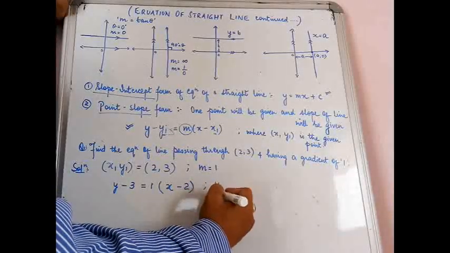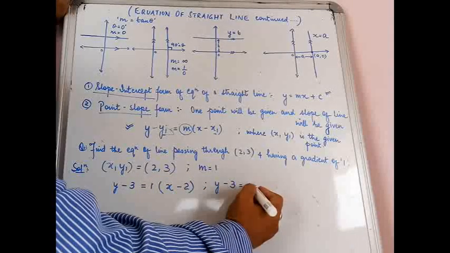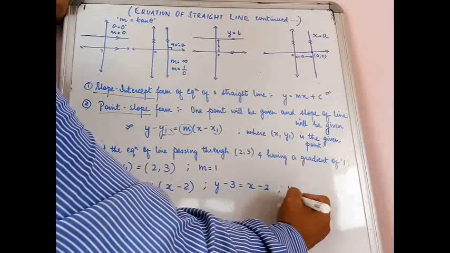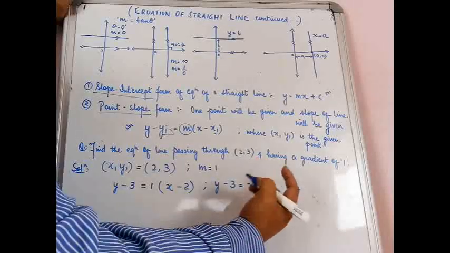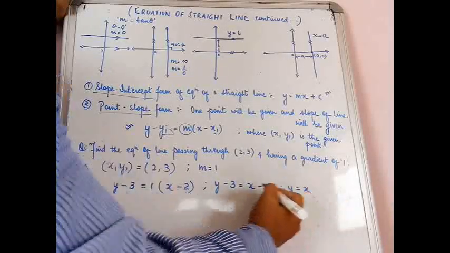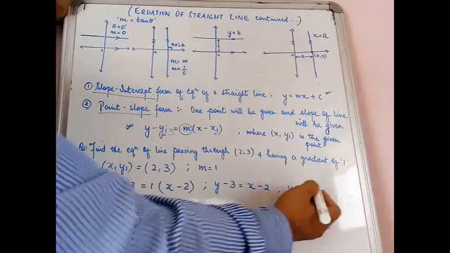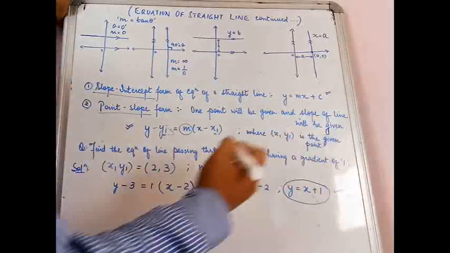Similarly, you can have y minus 3 is equal to, obviously 1 is not going to make any difference, so you are going to have x minus 2. Similarly, in the next step, you can have y is equal to, this minus 3 will go to the right side. So you will have x was already there, and you will have minus 2 plus 3. So that is going to be 1. So this is your final answer.